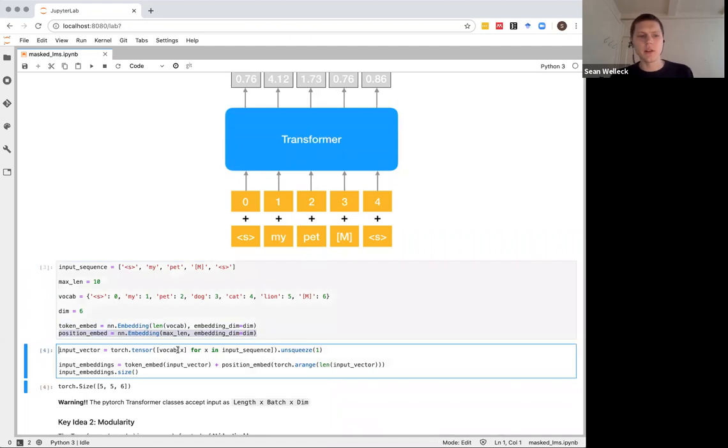And so this code is just going through the input sequence, and it's creating these two different types of vectors, or two different types of embeddings. And if we look at what we get in the end, we get something which is dimension 5 by 5 by 6. Let's actually take a look at this.